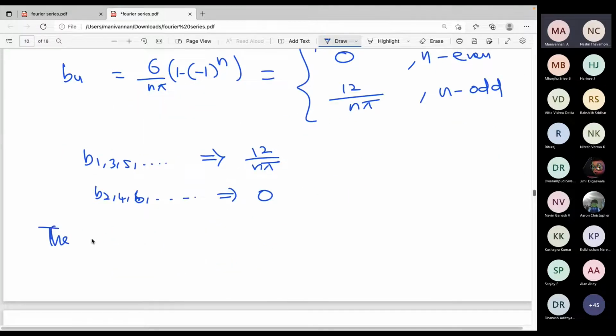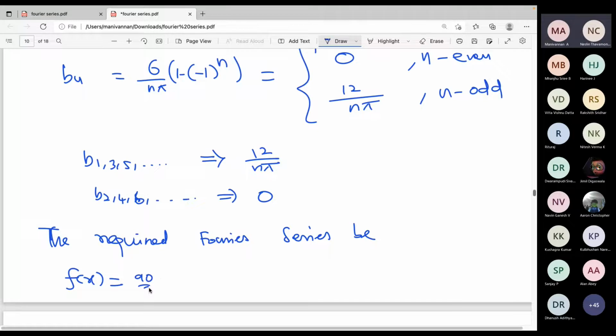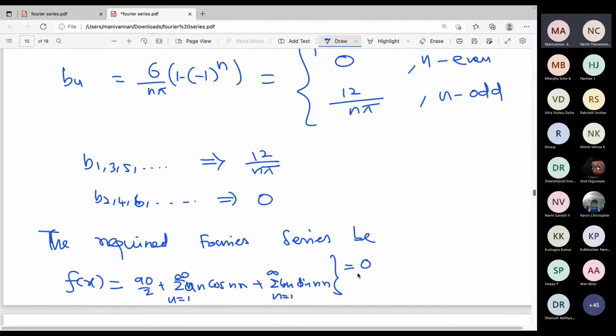So the required Fourier series, I will write in the expansion format. A naught is 0. Since this is A naught by 2 plus sigma an cos nx plus sigma bn sin nx, where n runs from 1 to infinity, it will be written as 0 by 2 plus all this an are 0, right?